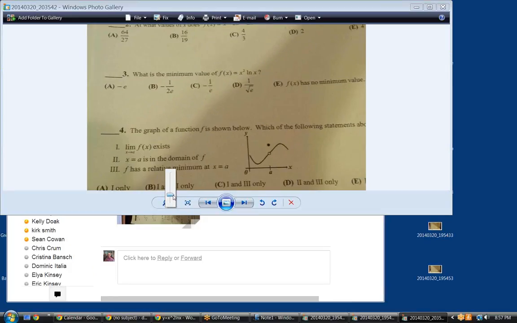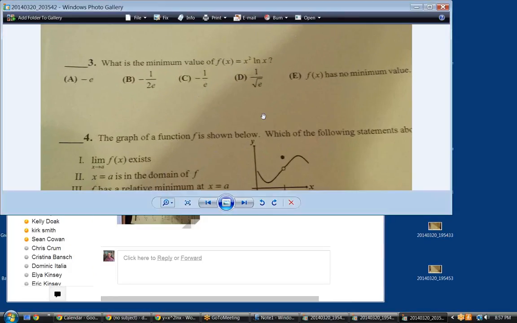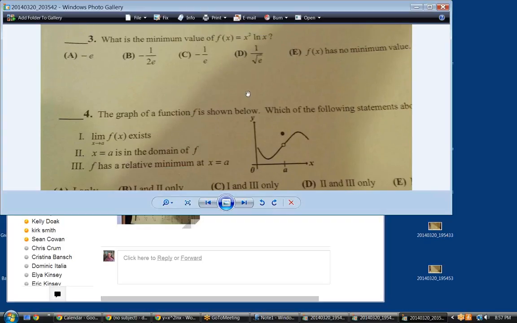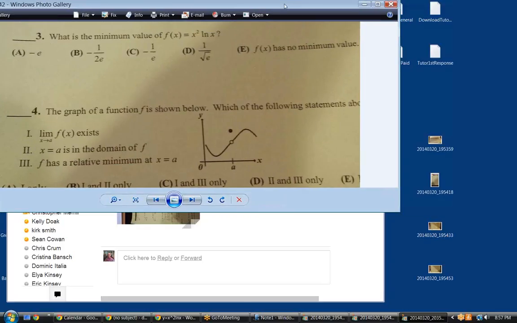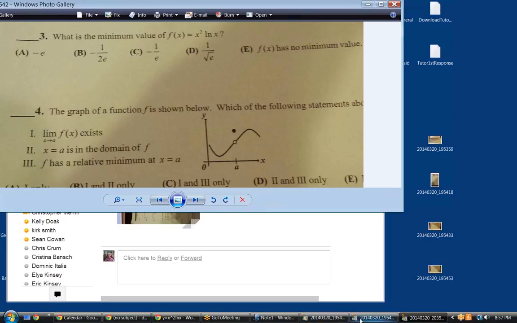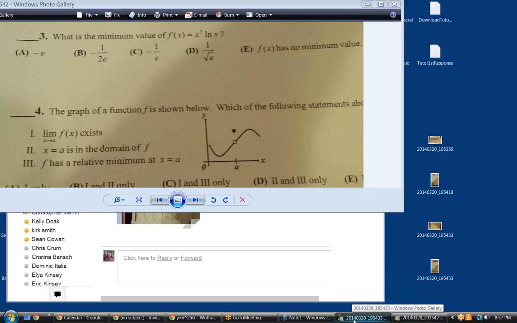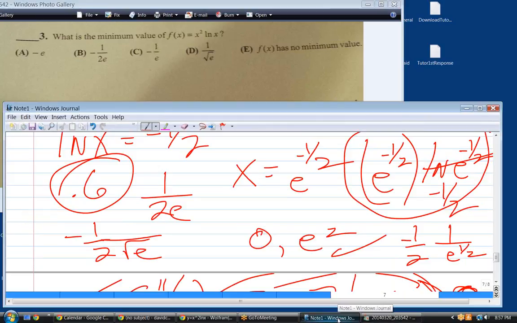All right, so she did get 1 over the square root of e for the x value.